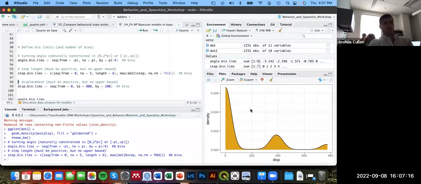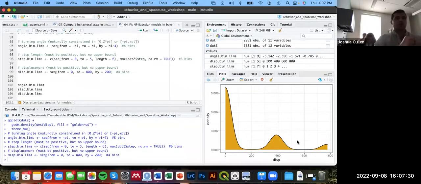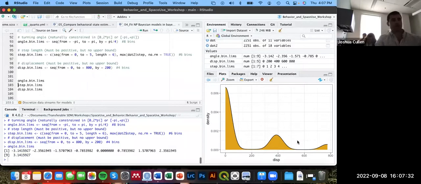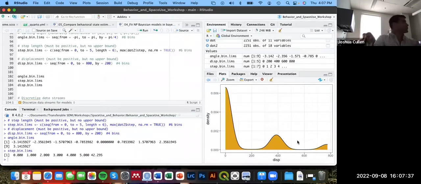There's going to be a break here at 200 kilometers, so everything below this is a bin. 200 to 400 is another bin, 400 to 600 is a bin, and then 600 to 800 is another bin. So it's going to be 4 different bins. We'll see how this works. It might work out okay, it might not, but either way, we can always improve it if needed.